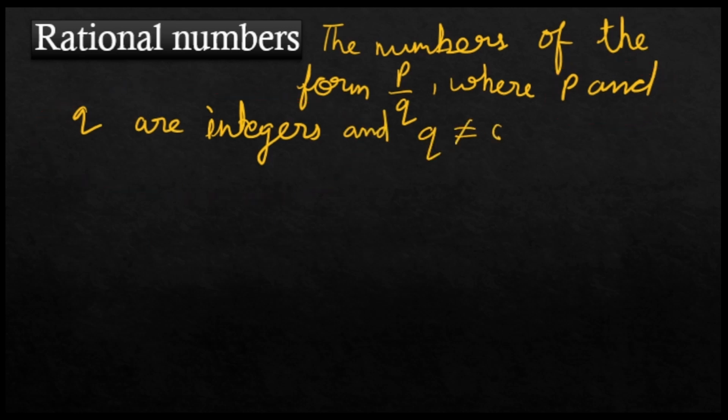q is not equal to 0. This is the second condition. Why is q not equal to 0? Dividing any number by 0 is an undefined term. How? If I take minus 25 and divide it by 0, what is the meaning of dividing?